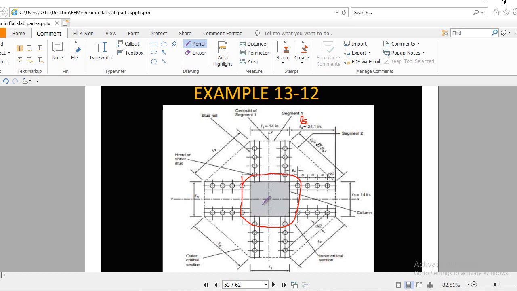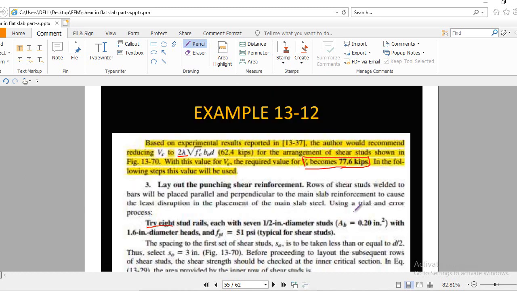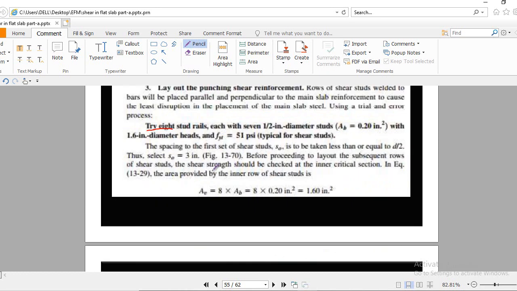8 studs. We will find the Av of the studs. Av will be 8 times the area of a stud. So the area of the stud we will now fix. We are using 8 stud rails, each with 1/2-inch diameter studs.